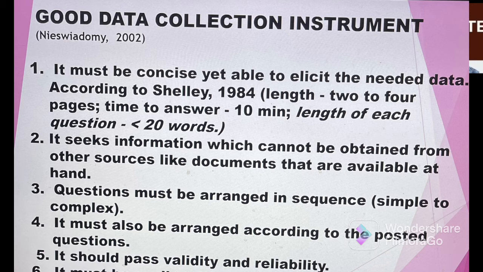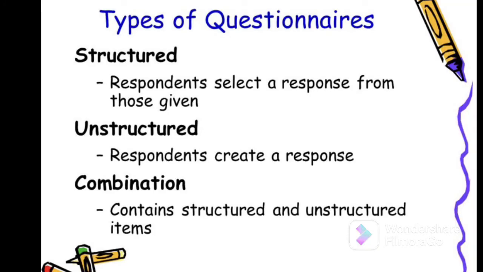And according to Shirley in 1984, in your dissertation or thesis, the length of the questionnaire must be 2 to 4 pages, the allowable time of answering the questionnaire is about 10 minutes, and the length of each question is less than 20 words. So you have to remember this.